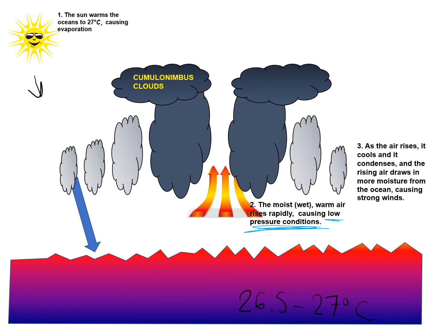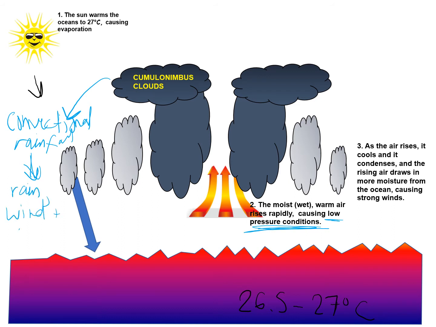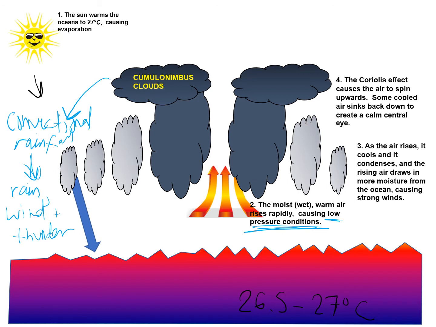Now this is going to create large cumulonimbus clouds, and these are mostly associated with convectional rainfall, they're quite big, thick storm clouds that bring lots of rain and wind, and also thunder, which we get a lot of in tropical and equatorial regions.